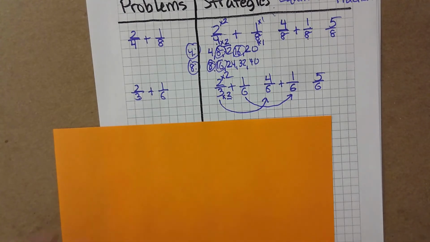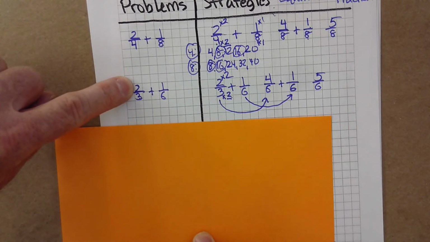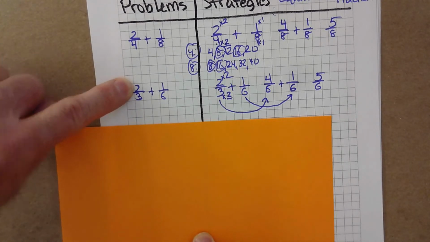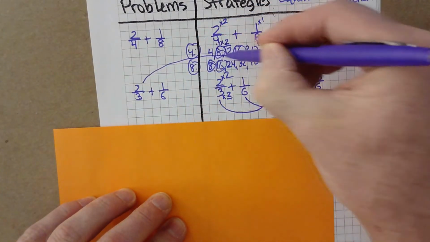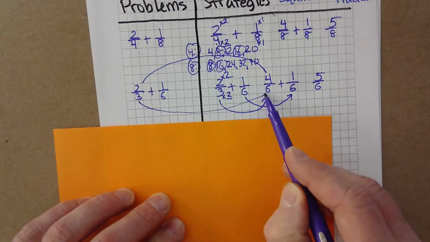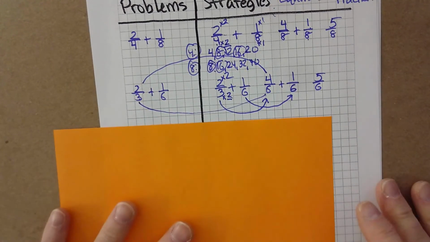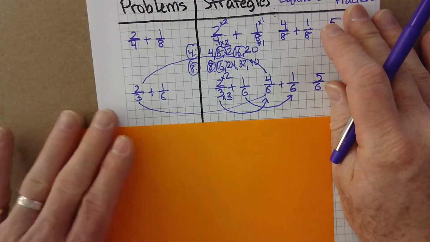An equivalent fraction, yes. So if you count by 2s, what do you get? Count by 2s. 2, 4. Count by 3s, you get what? 6. So there's a sixth way. You can just count. Skip count by the numerator and denominator and see if that works.